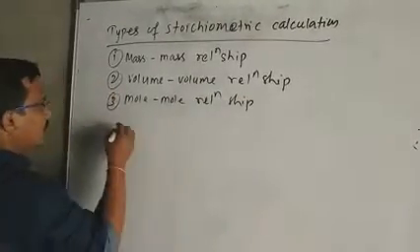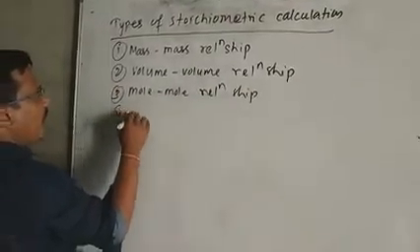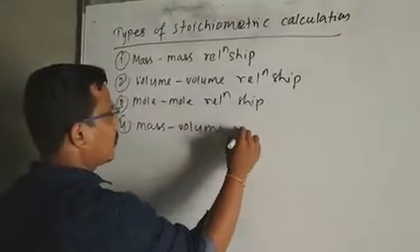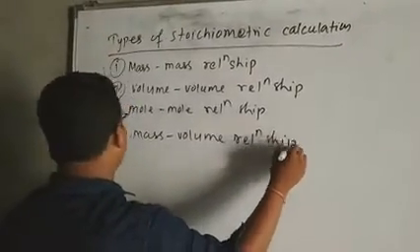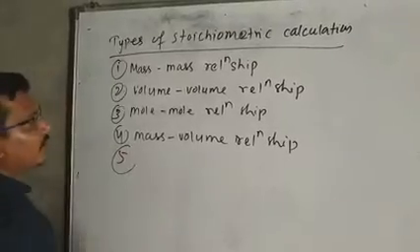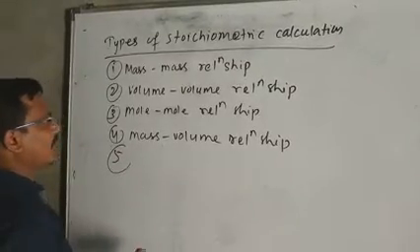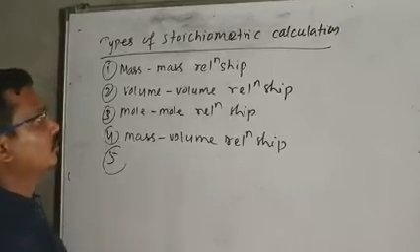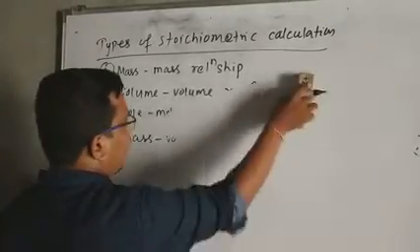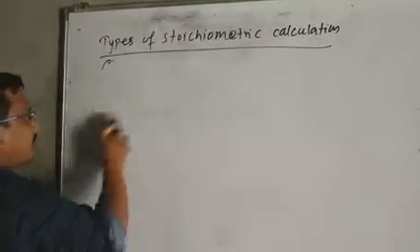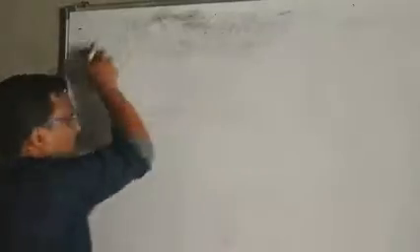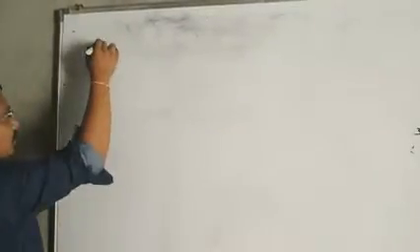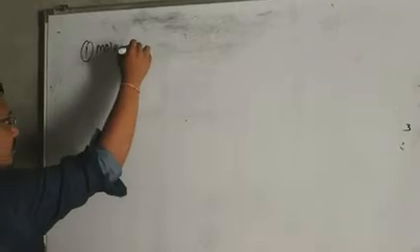Next is the mass-volume relationship. Many other types of stoichiometry relation can be found, but basically we discuss some important stoichiometry calculations. At first we think about the mole relationship. First is the mole relationship.